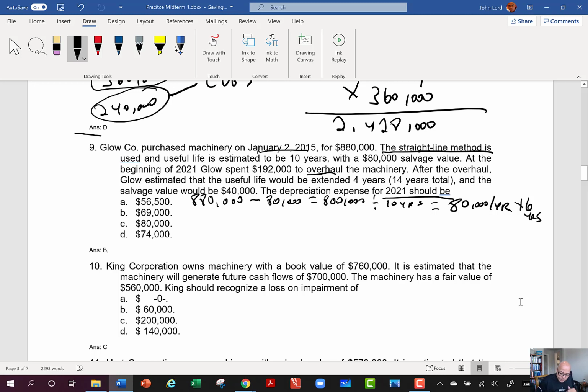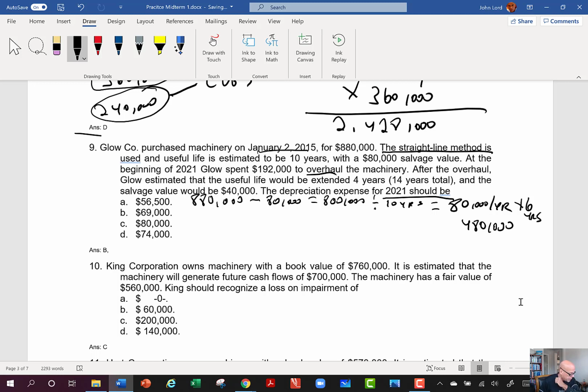Okay, so let's go ahead. Now we have this 80,000 a year depreciation times the 6 years that they would have depreciated this: 2015, 16, 17, 18, 19, 20. Yes, I've got 6 years before they made the repairs. That comes out to 480,000.